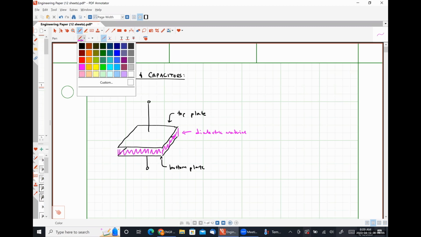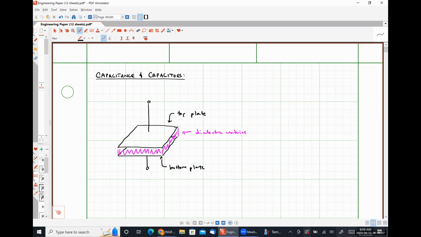I'm going to throw some dimensions at you guys really quickly. For this particular device, we have some particular length, L, some particular width, W, so that the product of L times W is the area of the plate.